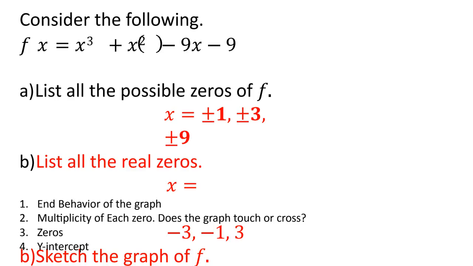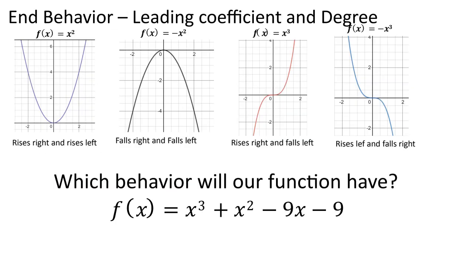Okay, now with the same one, we're going to find the graph. If you remember from a section earlier, to apply the leading coefficient test, we need to see if my leading coefficient is positive or negative, and if the degree of my function is odd or even.